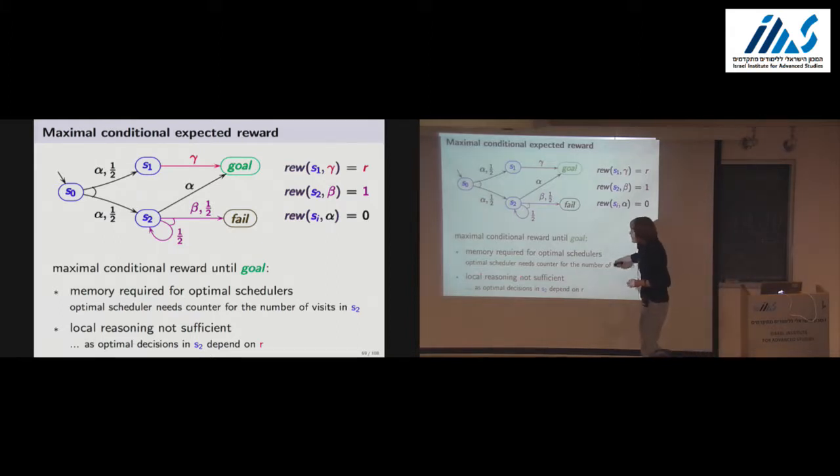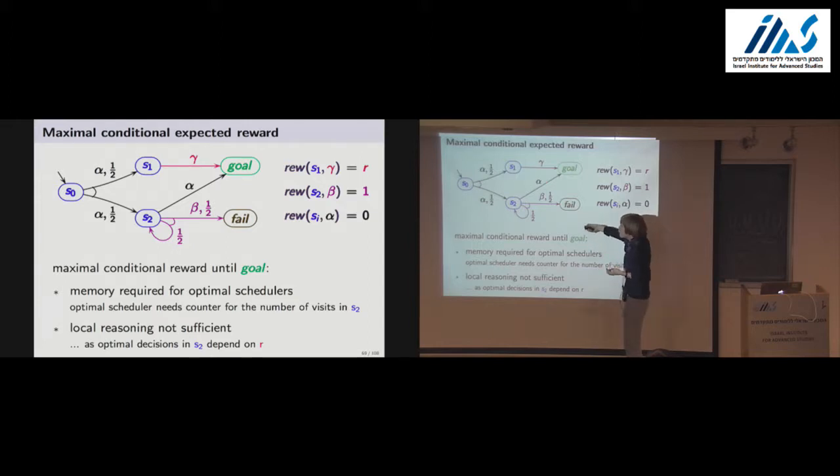Well, and the second thing, local reasoning is not sufficient, and this is the reason why I used here this reward parameter. In state S2, we saw that we need a counter, namely R plus 2, this was the optimal value. We need a counter to know how often we must take action beta and when we must take action alpha.